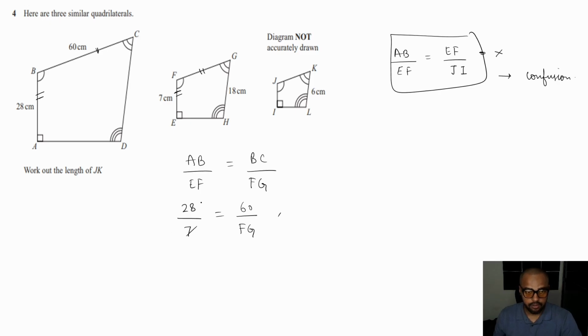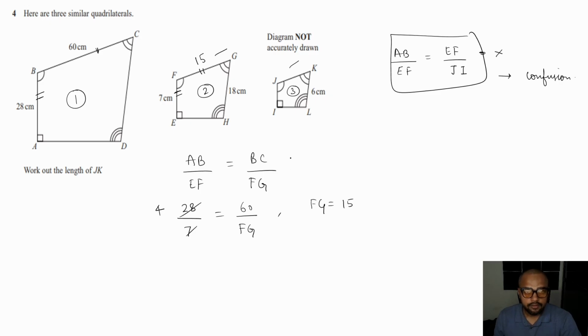From here we get 7 times 4 equals 28, and FG we are getting as 15. So we will write the value here, students, 15. Now let's name these quadrilaterals. This is our first quadrilateral, this is our second, and this is our third.